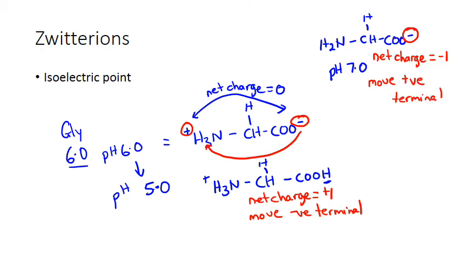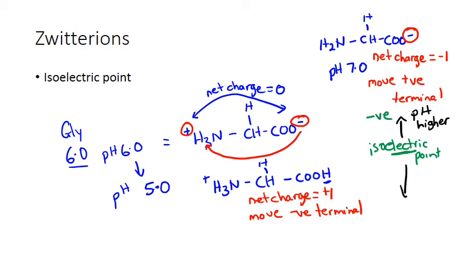Alright, so what you need to think about is the isoelectric point. Is the pH higher? If so, then it's going to be negative.